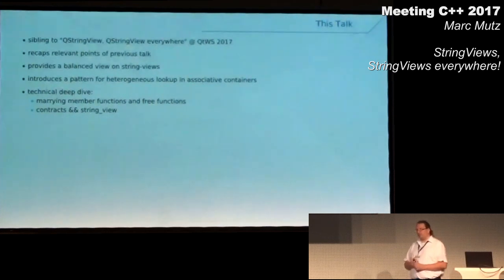And as a technical deep dive, if we have time, I will continue the talk from Klaus in the previous slot, who told you to prefer free functions over member functions, and I will tell you how we married the two together because we needed to provide member functions. And as a last point, we'll see how contracts and string views make a magical combination to turn narrow contracts into wide contract functions.